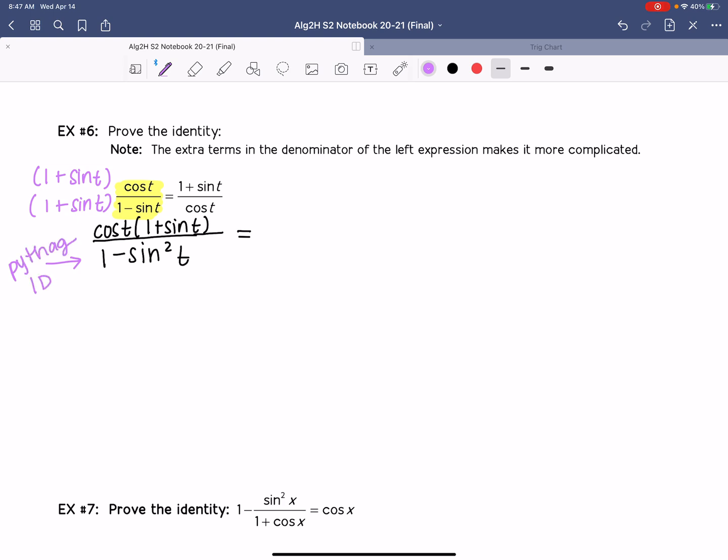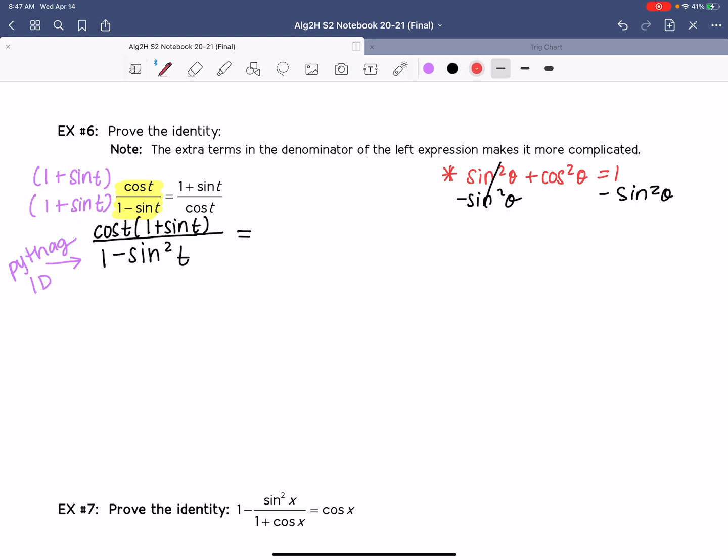Again, this is going to use sine squared theta plus cosine squared theta equals 1. I'll write it out over here. That's our main Pythagorean identity. I want it to read 1 minus sine squared, so I'm going to subtract sine squared theta from both sides.